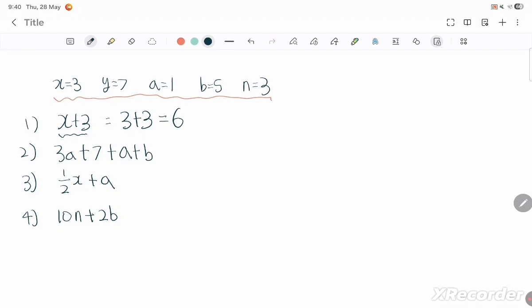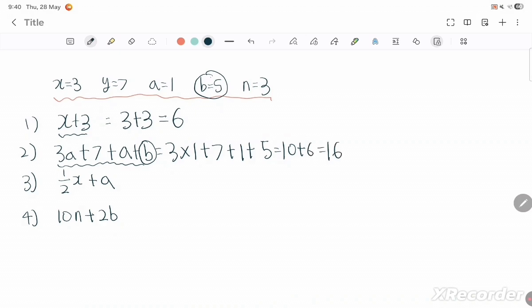What about this one? 3a plus 7 plus a plus b. A equals 1, so 3 times 1 plus 7 plus 1 plus b equals 5 here, 5. So it's 10 plus 6, so we get 16.